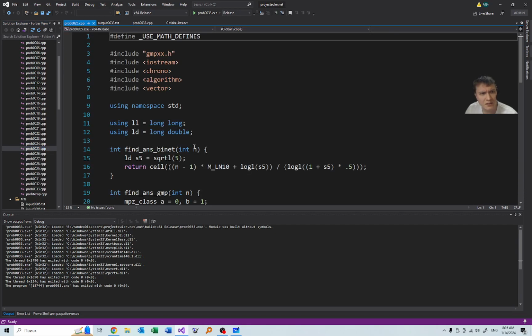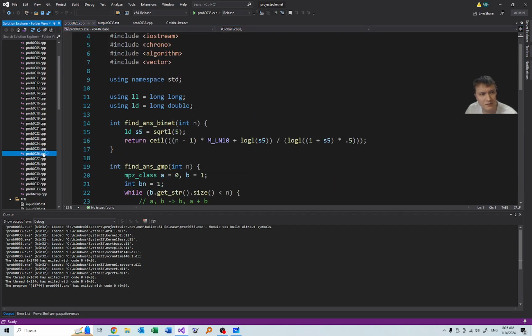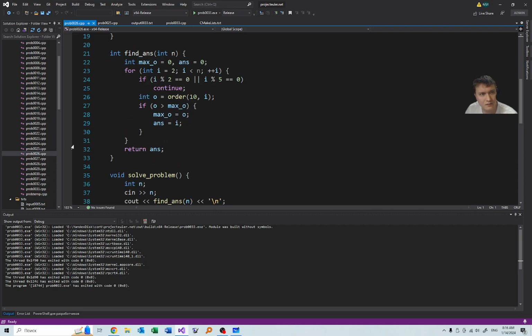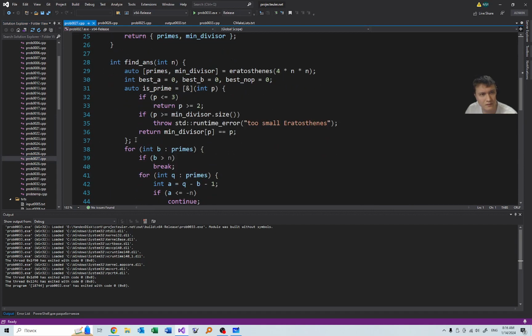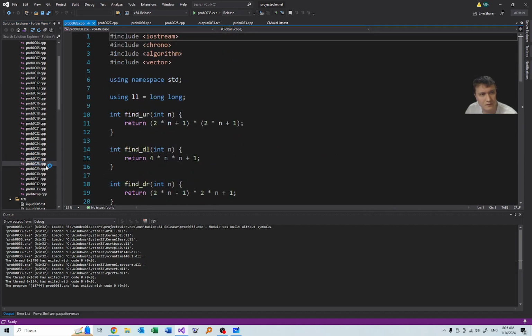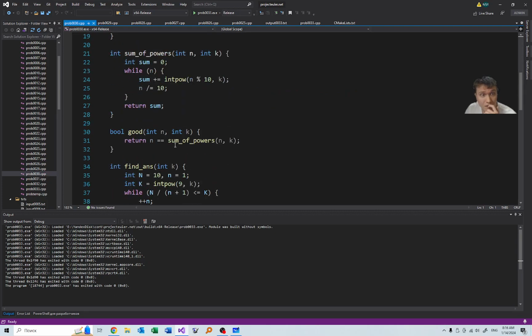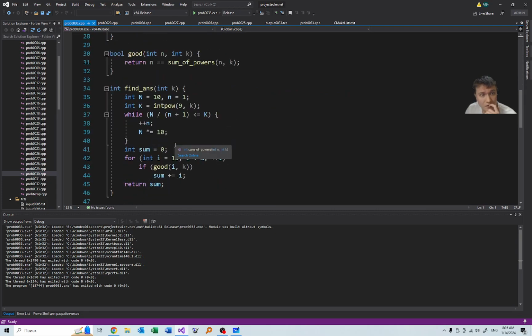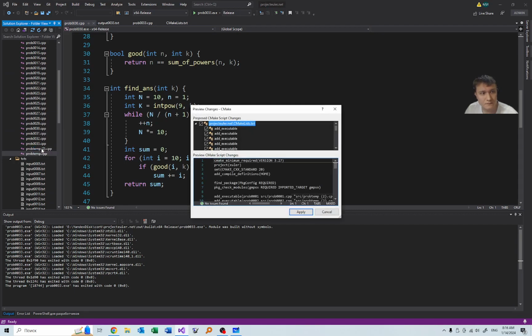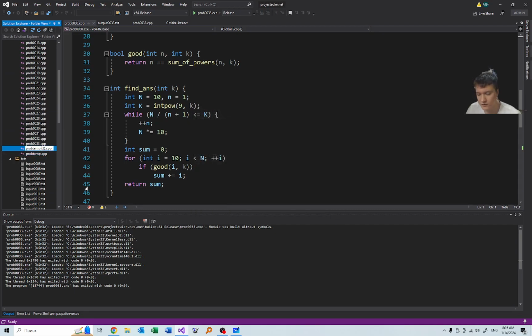It was in the beginning, I don't remember. Ah, here it is. So this is what we need in the 30th problem. We will use this function because it calculates the same thing.